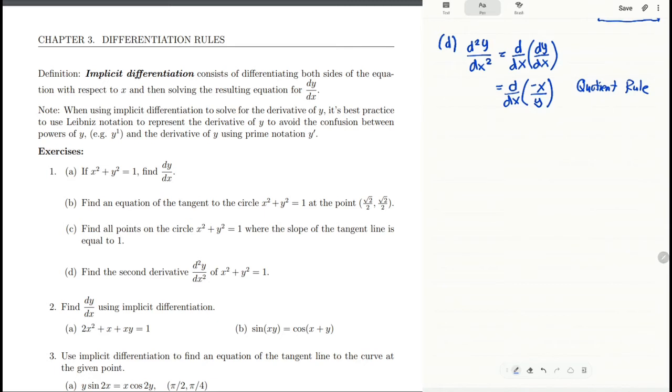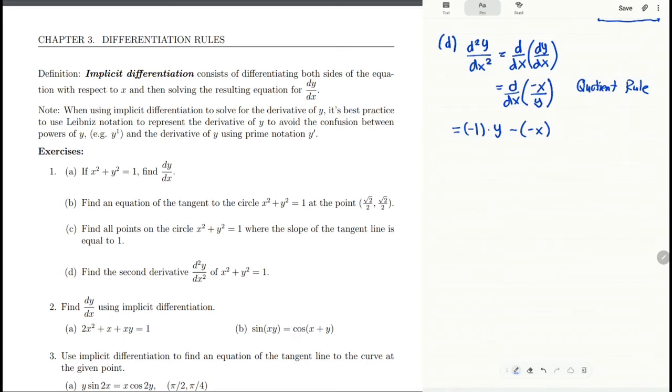So we'll call f our negative x and y is our g. So using the quotient rule, we have the derivative of negative x, which is negative 1, times y minus f, which is negative x, times the derivative of y with respect to x.